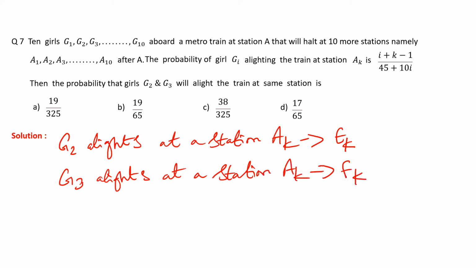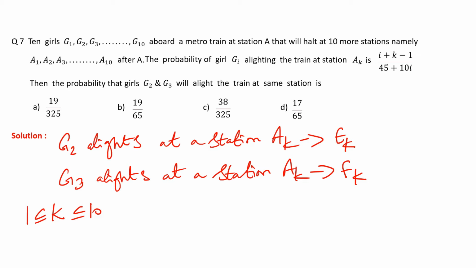Now here it's very much obvious that the values of k will vary from 1 to 10, because there are a total of 10 stations where any person can alight after the station A, because all of them are boarding the train at station A. So they will be alighting the train at any one of the stations from A1 to A10.